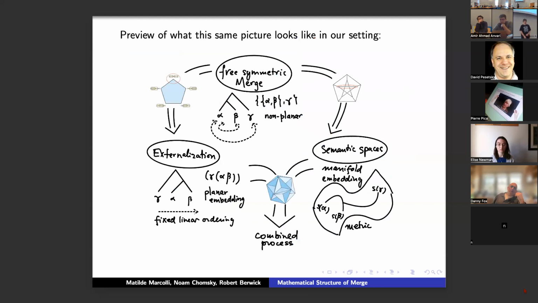This is what the same picture looks like in the setting that I'm talking about in these lectures. This mechanism comes from the tree-symmetric Merge. It produces these non-planar trees, which are the syntactic objects. And you have these workspaces, the algebra, and everything that I discussed. Then you have one channel that goes to externalization, which is this consistent choice of planar embedding that is language dependent and takes into account syntactic parameters.